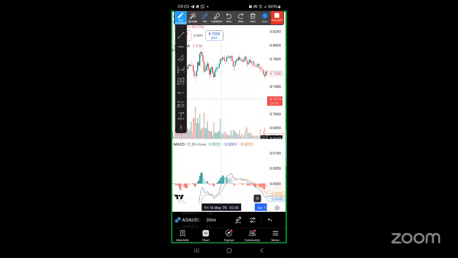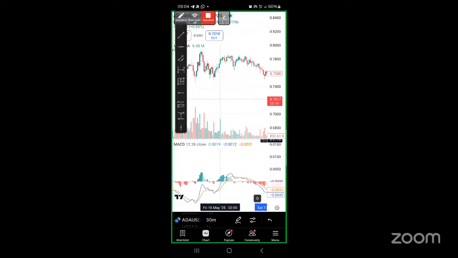Now, we see another golden cross happening here. Can you see it? The blue line crossed the orange line and it moved upward. Can we now go to our chart and see what happened?